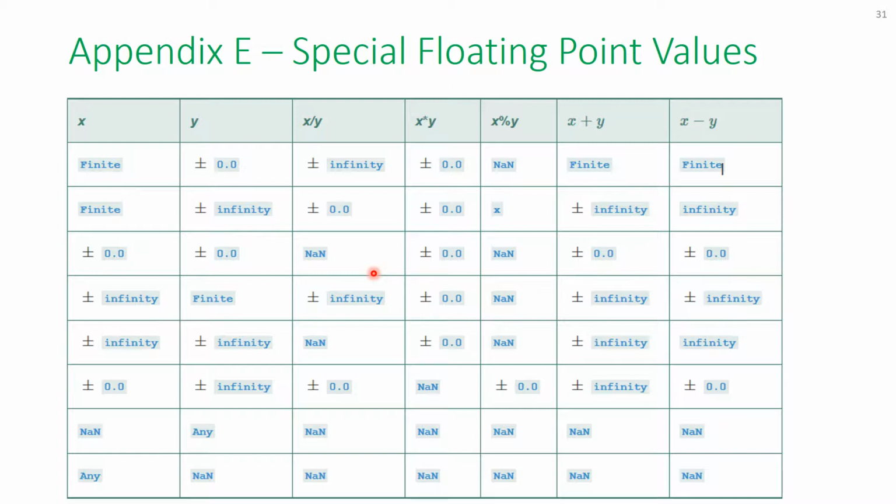So the problem with NaN, again, not a keyword, it's just a special value. The problem with NaN is that if you get it in x or y, no matter what operation you try to do with x and y, it's going to give you not a number. So once a part of your formula results in the NaN special value, everything you try to do around that value is still going to result in NaN.